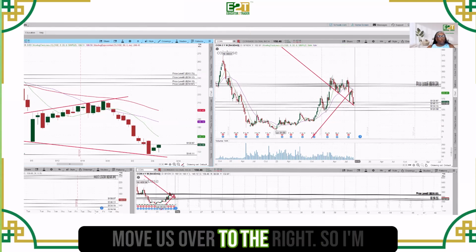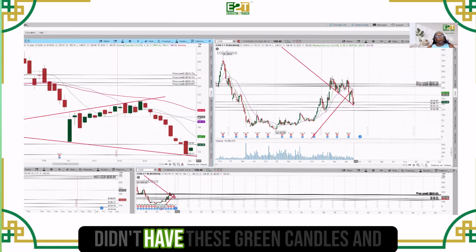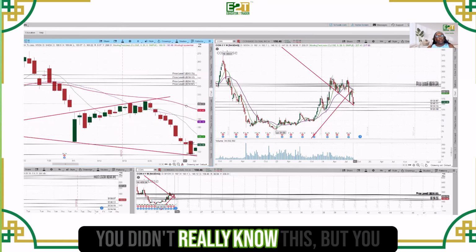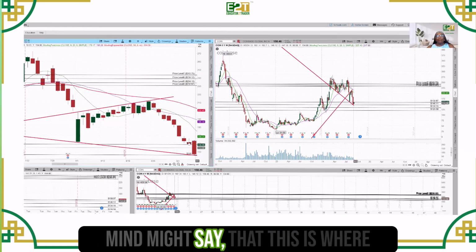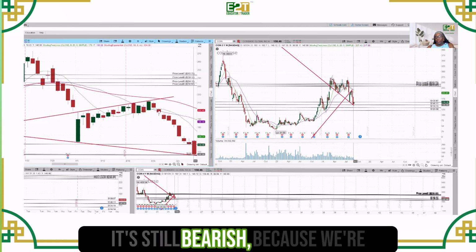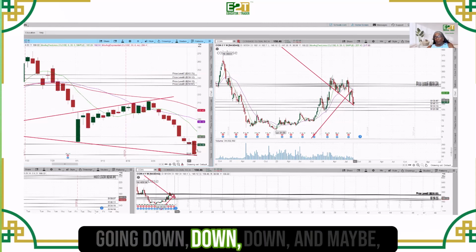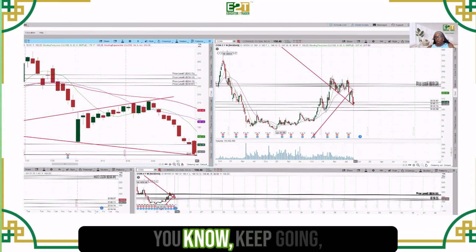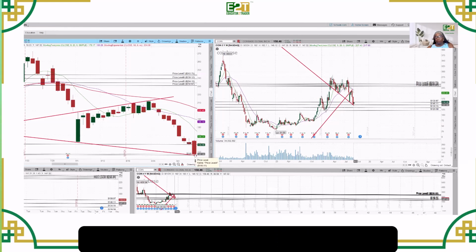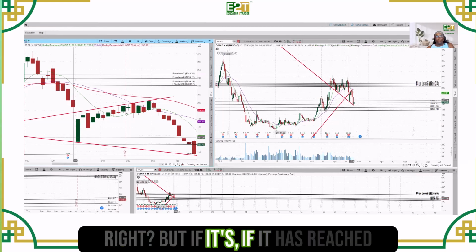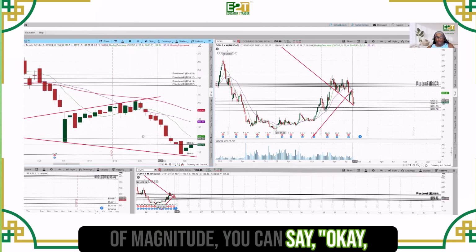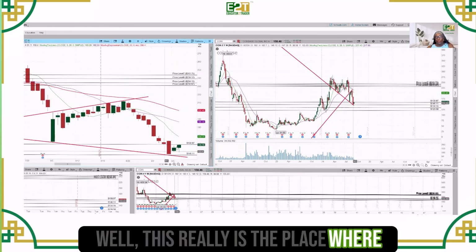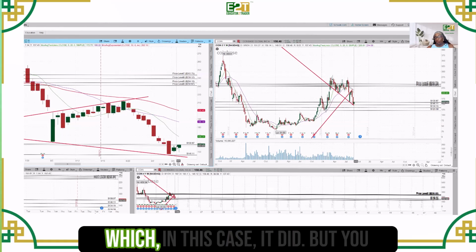So I'm going to move us over to the right some. You didn't have these green candles and you didn't really know this, but you had the broadening formation. Your mind might say we're still bearish because we're going down, down, down, and maybe it'll keep going, right? But if it has reached its magnitude, or if it's in the place of magnitude, you can say, okay, well, this really is the place where it's going to try to turn around, which in this case it did.